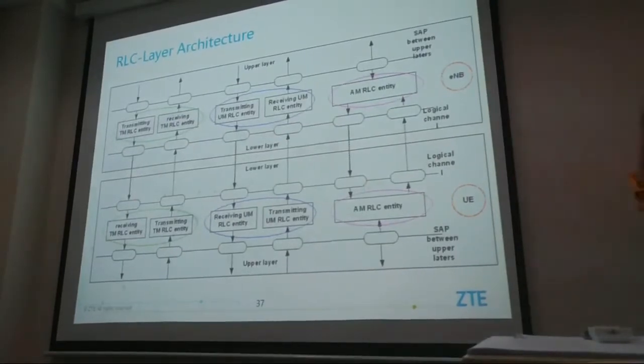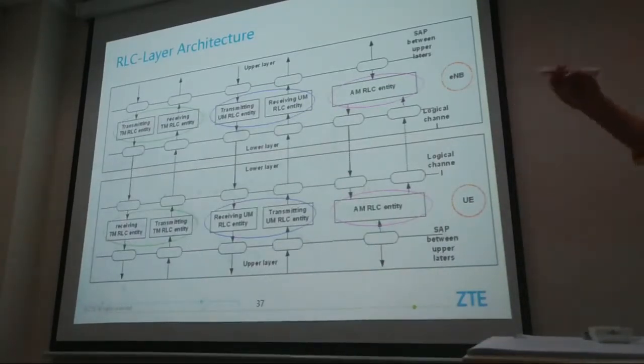Because for VoLTE, when you call somebody, some small error doesn't matter, but we need short delay, so we can use UM. So for different information, for different services, we will use different modes. So for the RLC layer architecture, because we have different modes, we have different entities.